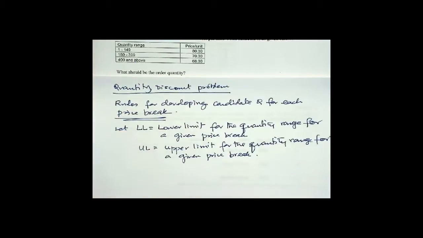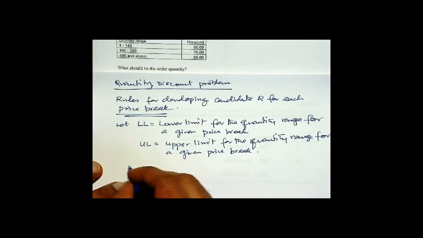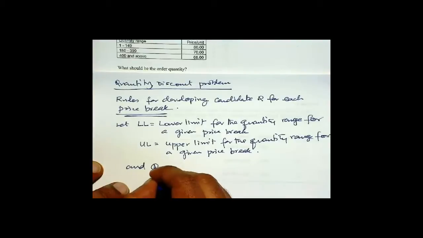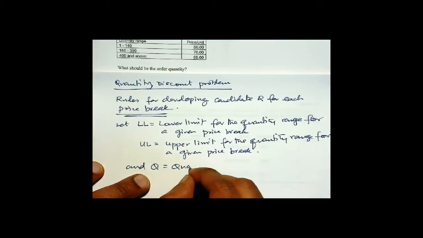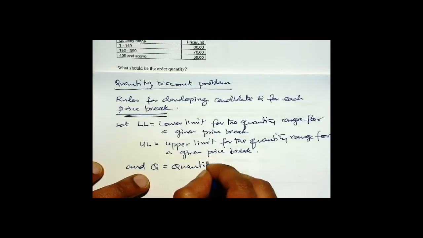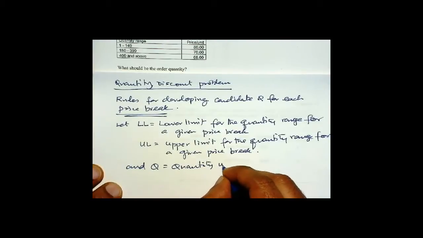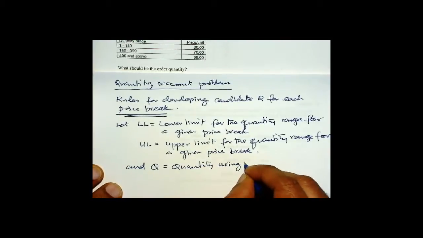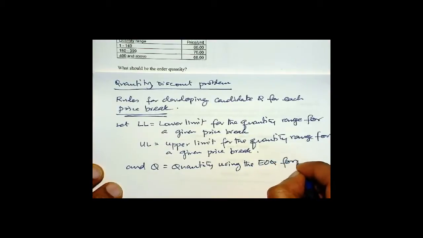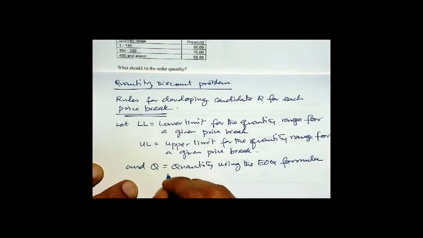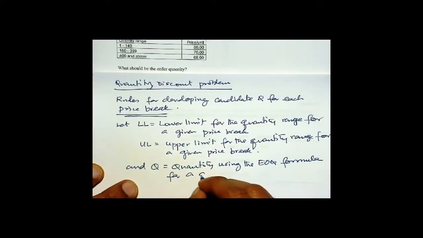and Q is the quantity using the EOQ formula for a given price break.